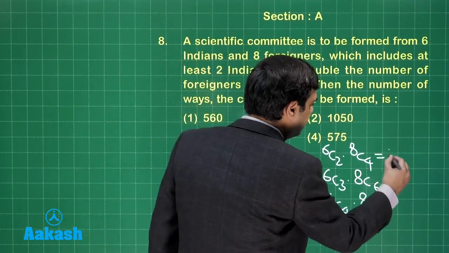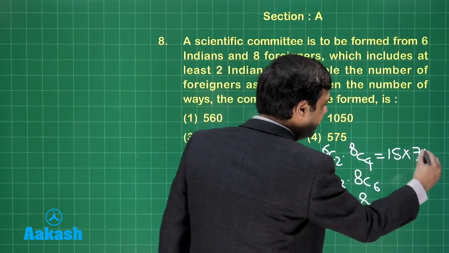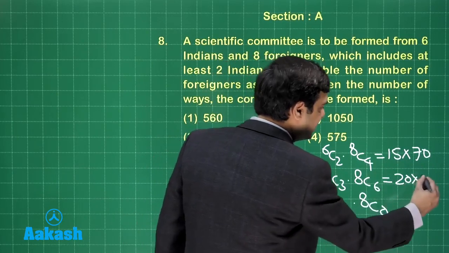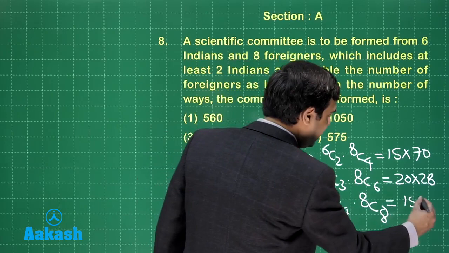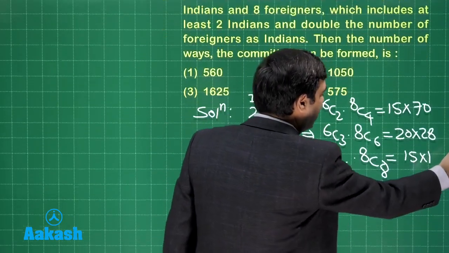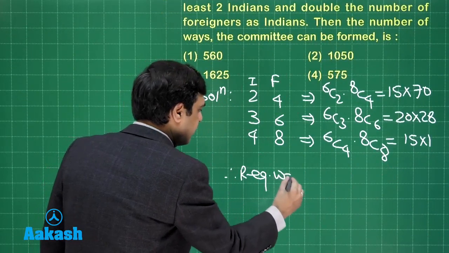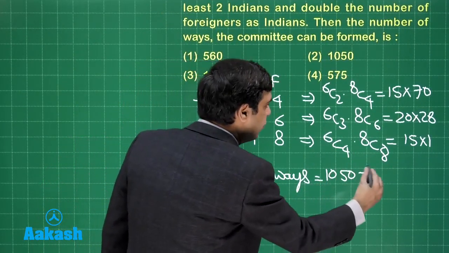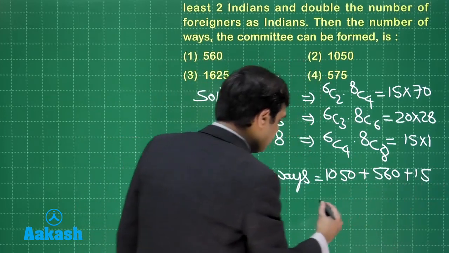So this is equal to 15 multiplied with 8C4, that is 70. 6C3, that is 20, multiplied with 8C6, that is 28. 6C4 is 15 and this is 1. So the required ways, that's the sum of all, that is 1050 plus 560 plus 15.